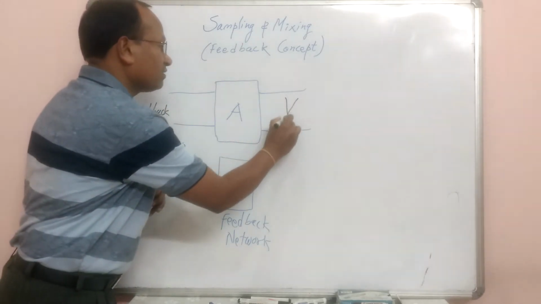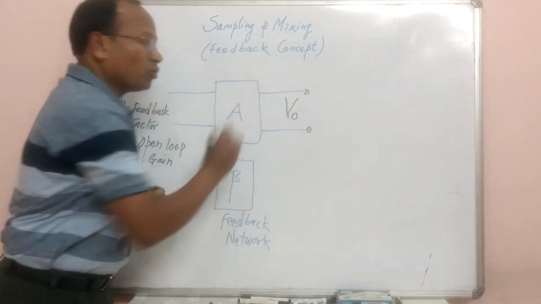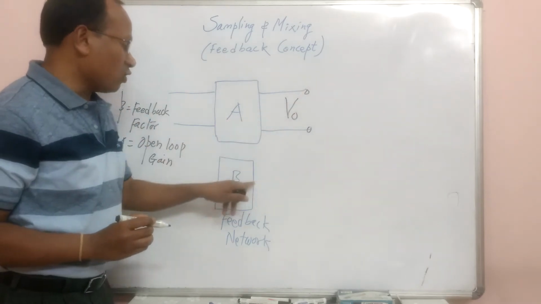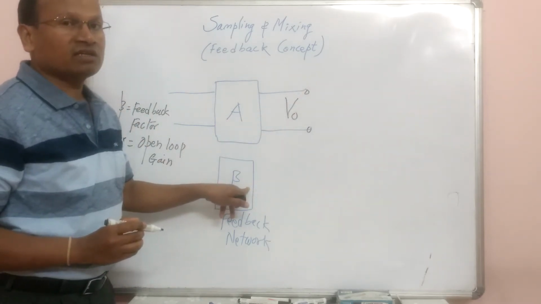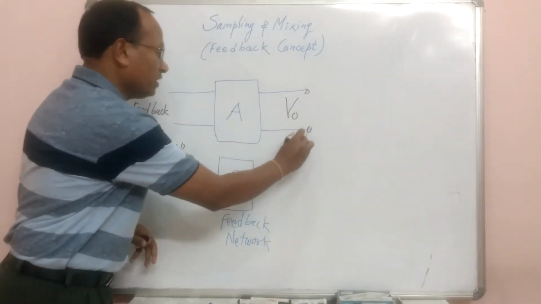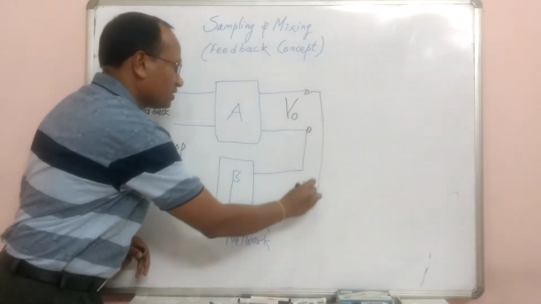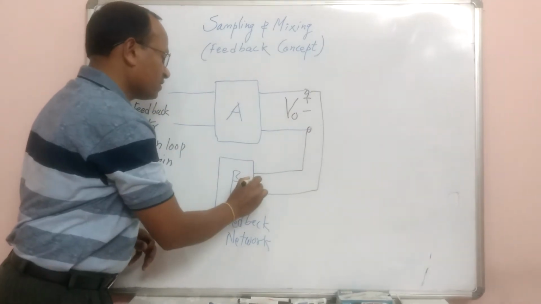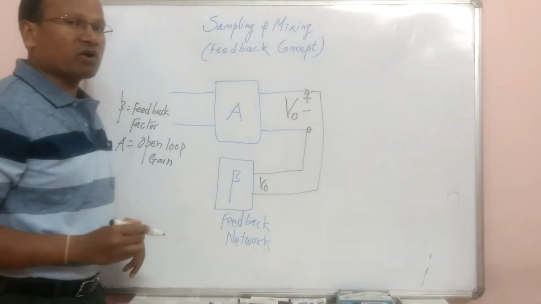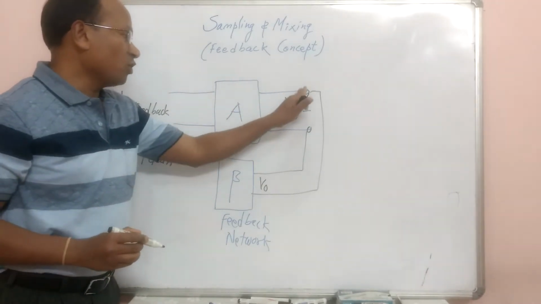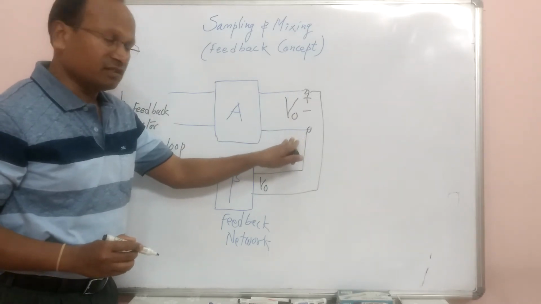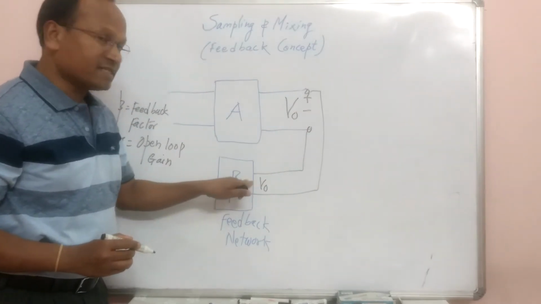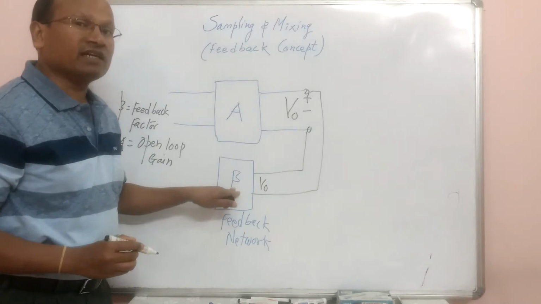We can take the output voltage and send this output voltage to the feedback network. The output voltage is V0 here, and this V0 is sent to the feedback network.